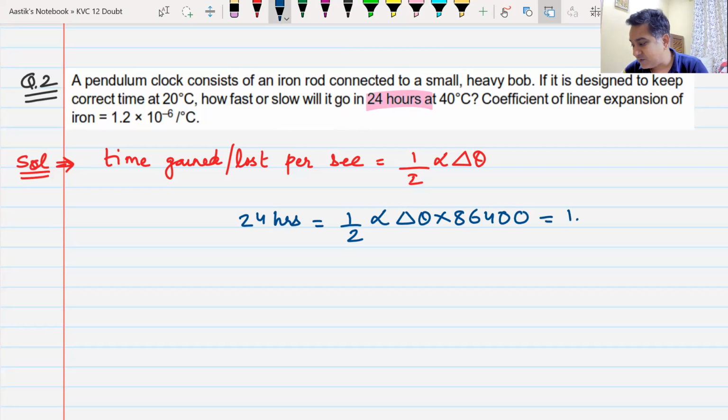The answer that I have is 1.04 seconds. And I hope that is the correct answer. Do we understand this? Yes or no? This is again one of the uses of linear expansion. A question on linear expansion may come from this category also.